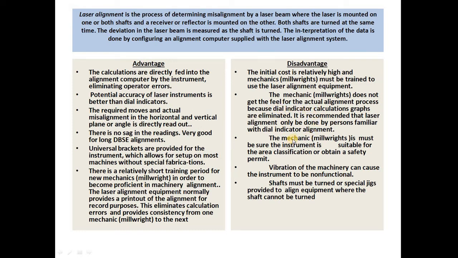And if any vibration is there from the pipelines and others, this will not give you the correct reading. So this is the only disadvantage. Otherwise, laser alignment is more accurate and you need not do any calculation. Human error can be eliminated if we use laser alignment, and it is becoming familiar day by day.